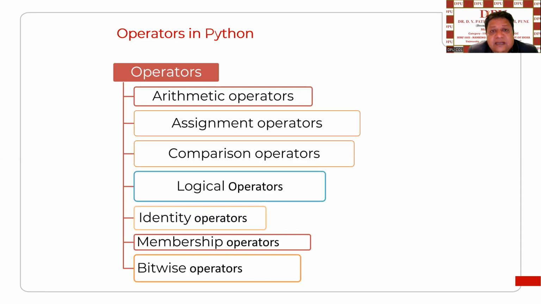Then we have the identity operators. Identity operators are used to check whether two variables, whether two objects are pointing to the same memory location or not. See that when you create a variable, every variable is stored into the memory, isn't it?